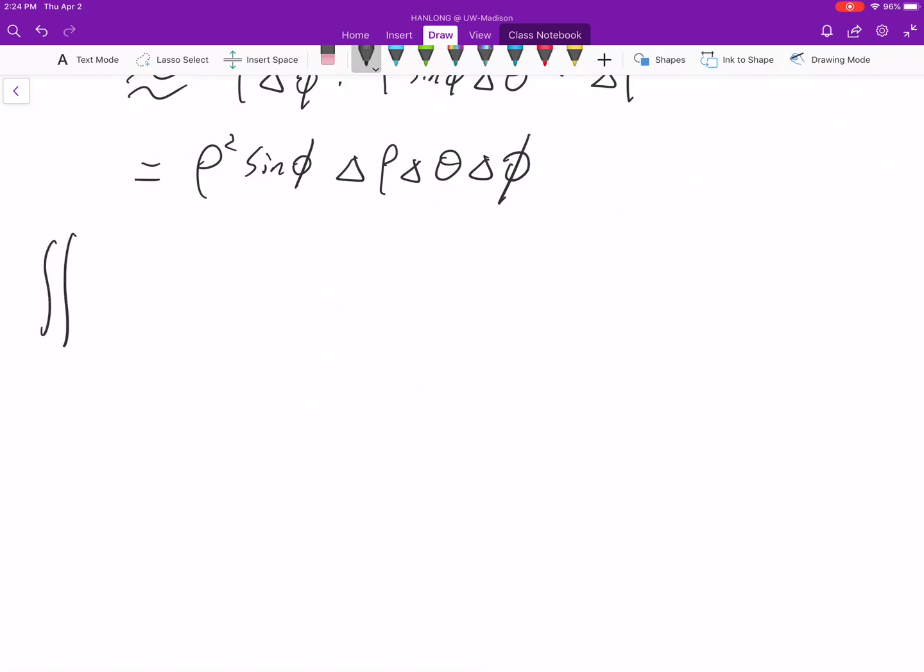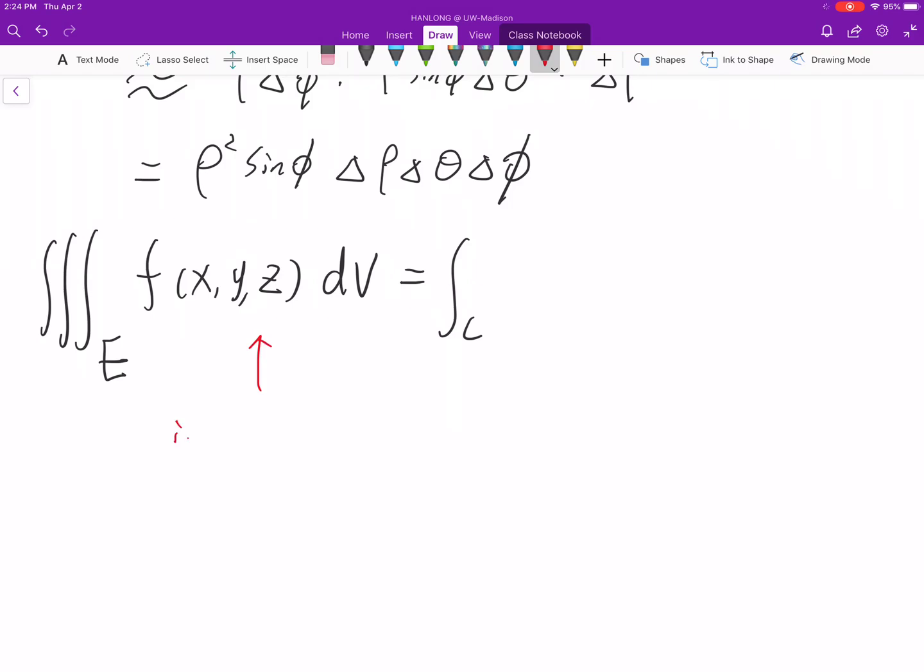Therefore, for the cuboid domain in rho theta phi coordinates, you can write down the integral as follows. So this is in the XYZ coordinate system.